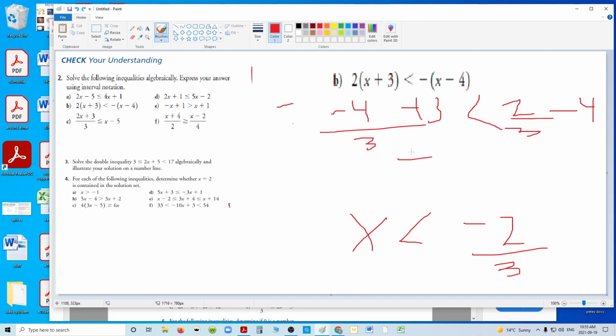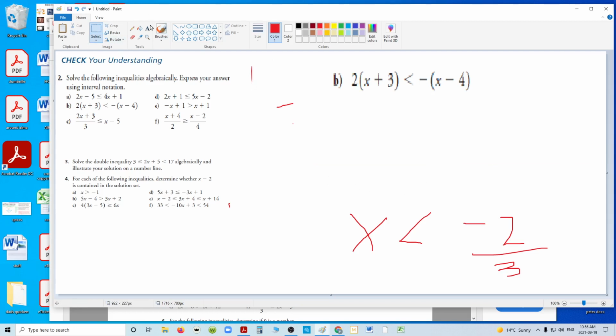Or no, I get 2/3 here. So this is -1 1/3 plus 2. So I get 2 2/3. Actually, I think I get 1 1/3. Let's go back and do that again.